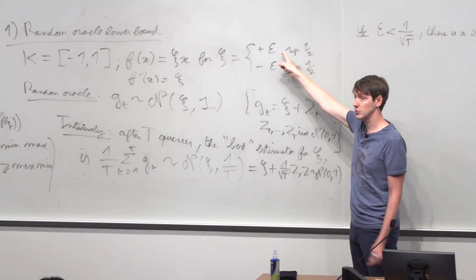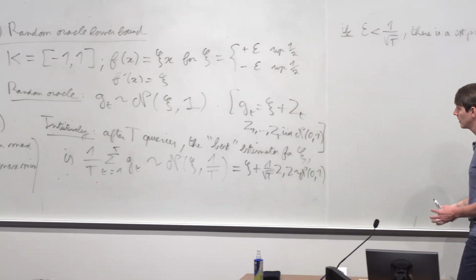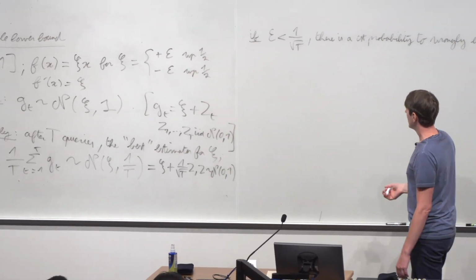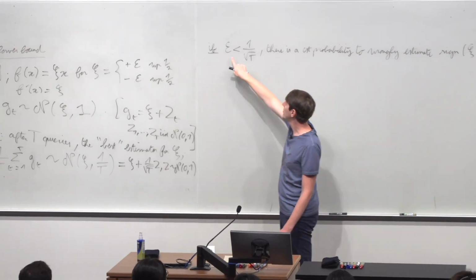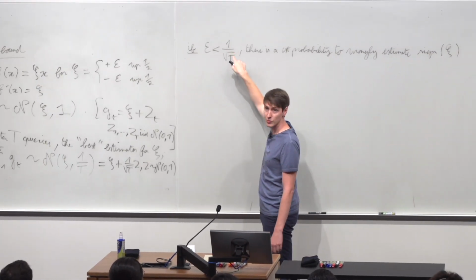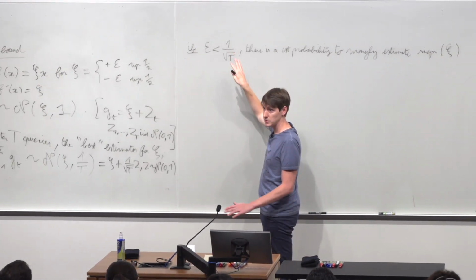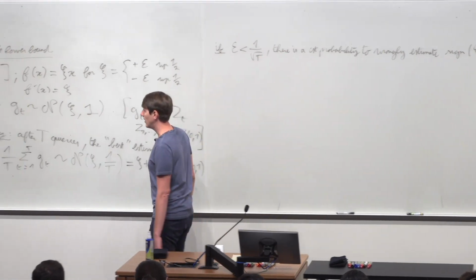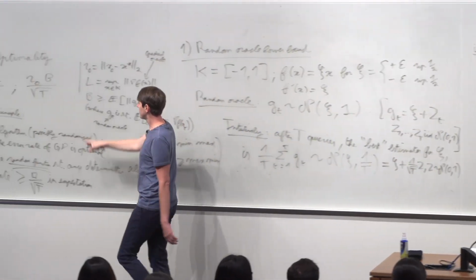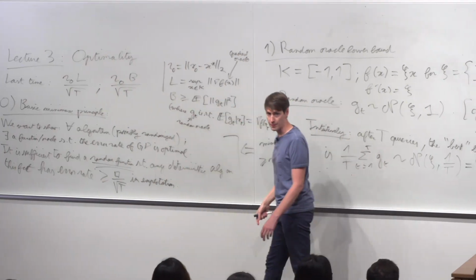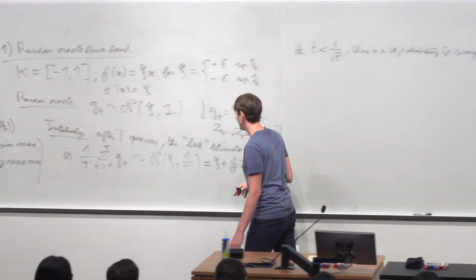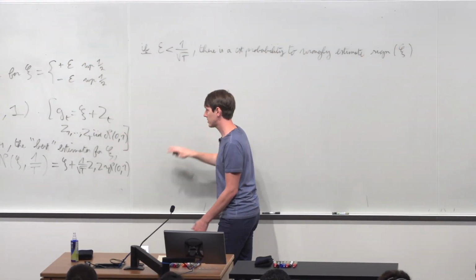But I'm wrong because it was plus epsilon. So this shows that you cannot hope to attain an accuracy smaller than 1 over square root T. This shows that this rate is optimal. If you want, I can do a formal lemma, but is there a question on the intuition?